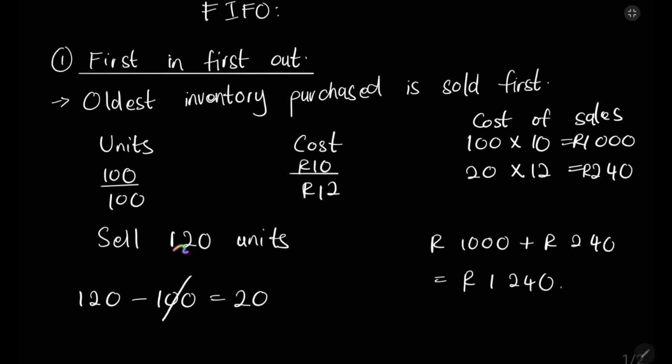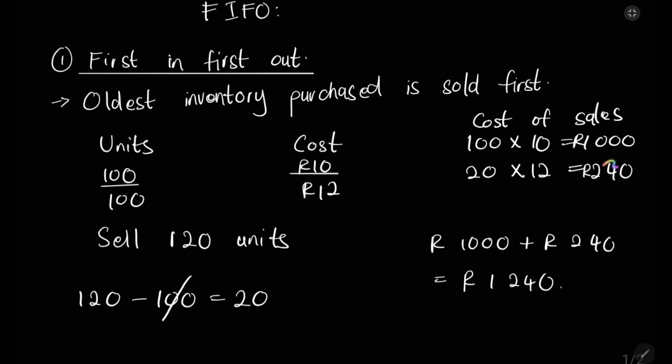Okay, we still have 20 units left because we took out 100. So we'll say 120 minus 100, which is 20. These are the units that we still have to calculate, provided that we made these sales. So we'll say 20 from here. We'll take out 20. 20 times 12, which is 240. That is your cost of sales.